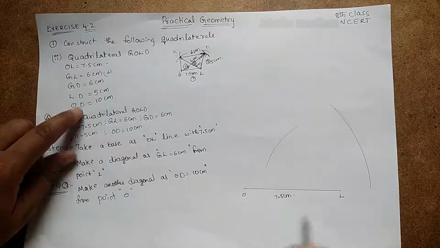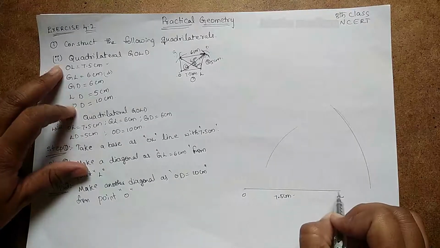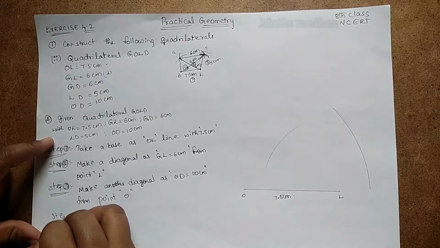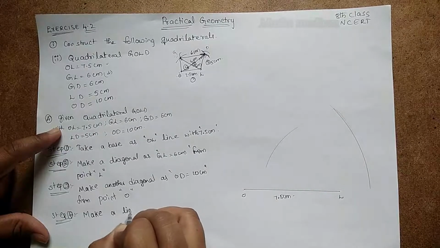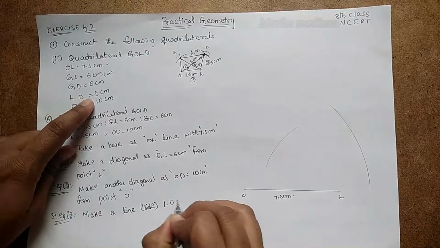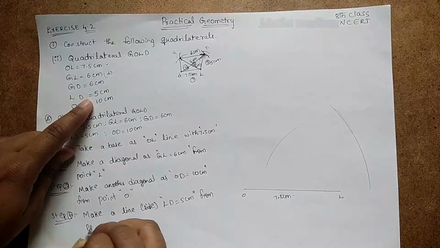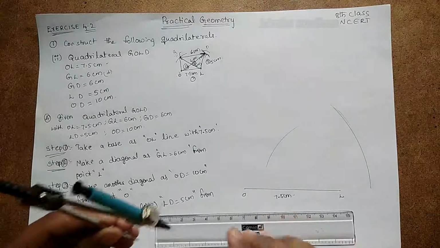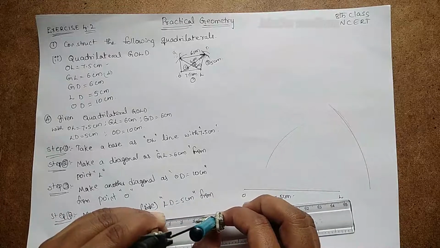Next we have to move to L or O. Here O is over and OD is over. From L we have a point, that is LD equal to 5 centimeters. So step 4, make a line, that is a side also. Side LD is equal to 5 centimeters from point L. So take the compass and scale and measure 5 centimeters.